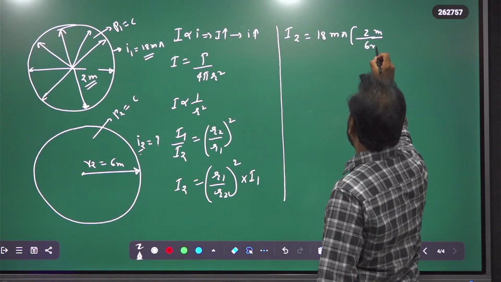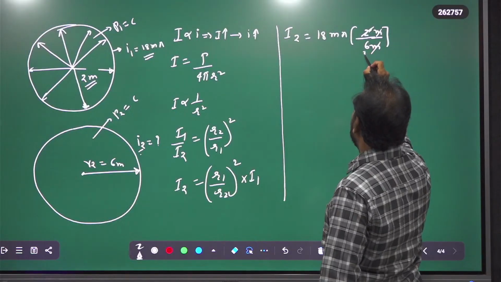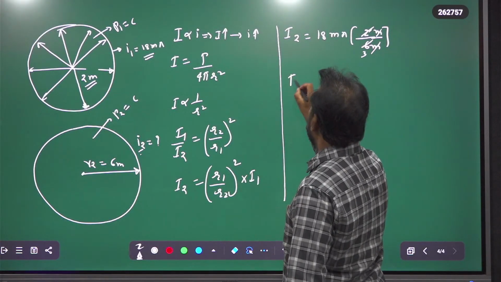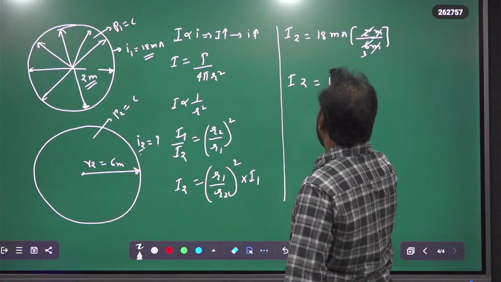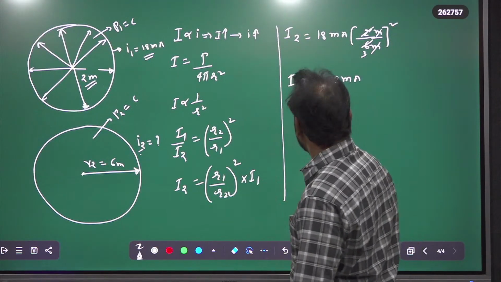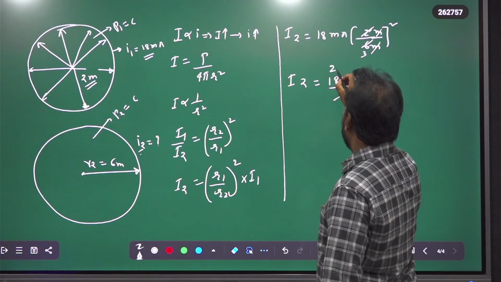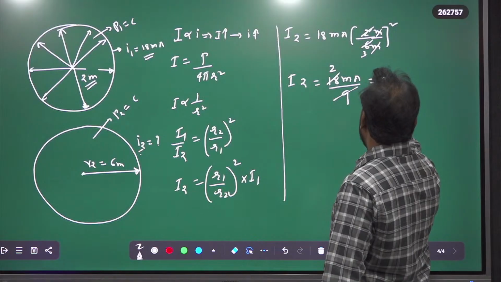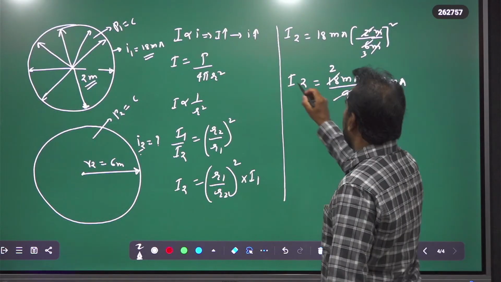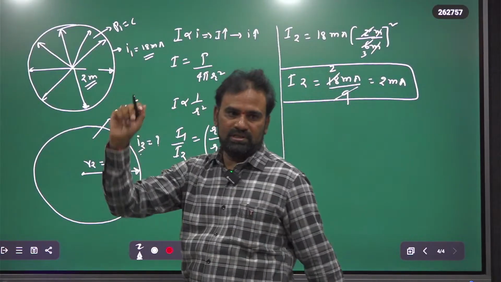The meters get cancelled out. 2 ones are 2, 3 twos are 6, so I2 is equal to 18 milliamps upon 9, which is equal to 2 milliamps current. So 2 milliamps current can be produced.